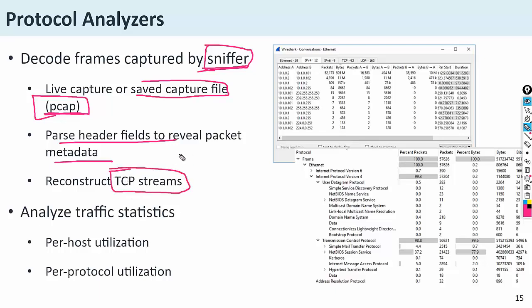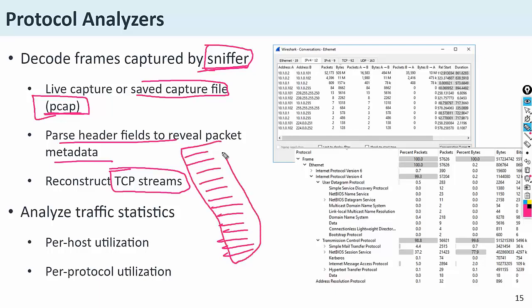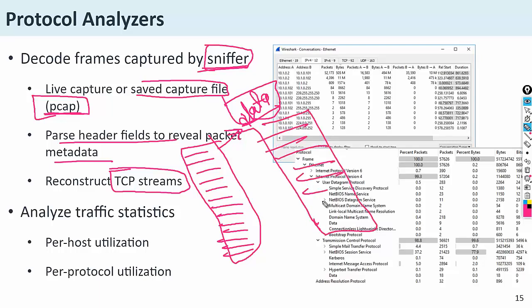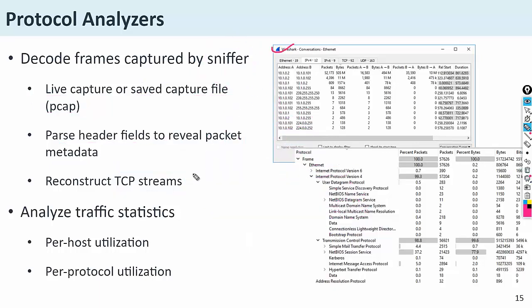A stream means when packet 1, packet 2, packet 3, multiple packets are sent, and all the packets carry data, big data. When you follow the stream and create a complete web page, this is known as a TCP stream. Also UDP streams and other streams are available. So I will show you how you can do it inside Wireshark.